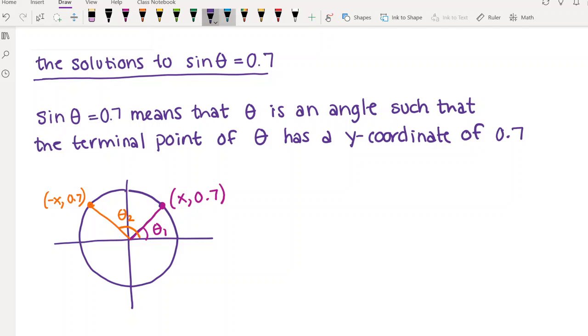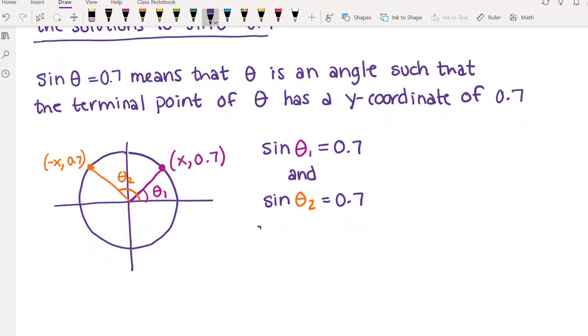And so what am I getting at here? Well, both of these angles are solutions to sine of theta is equal to 0.7. So sine of theta 1 is equal to 0.7, and sine of theta 2 is also equal to 0.7.